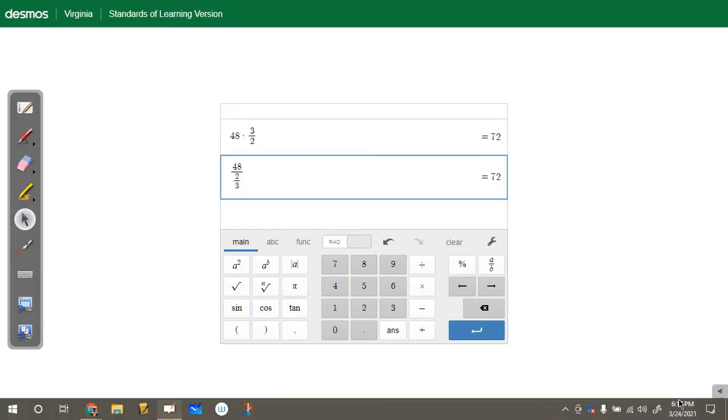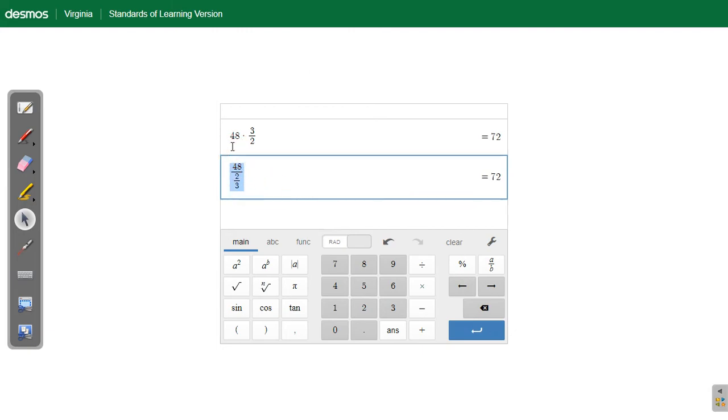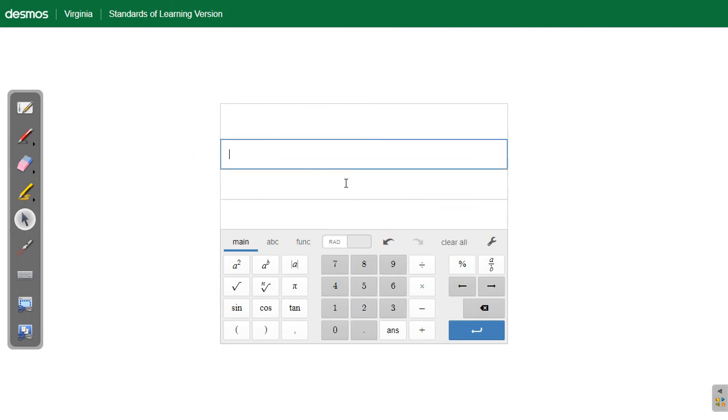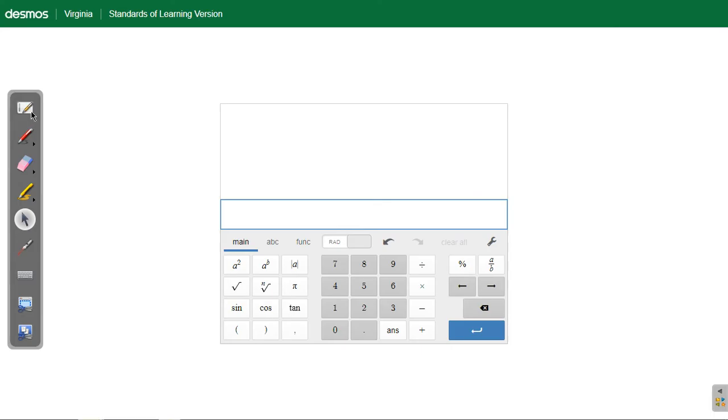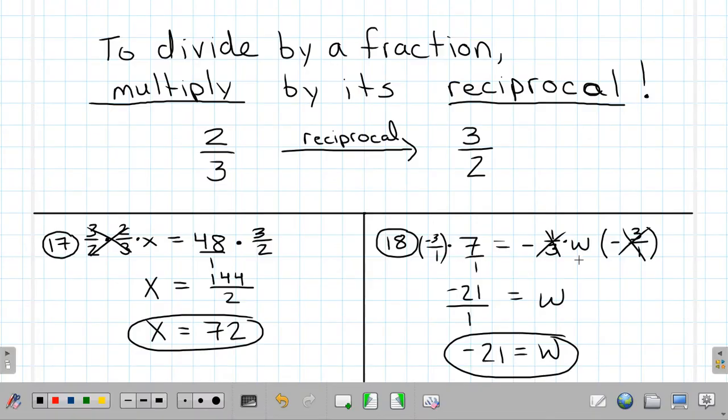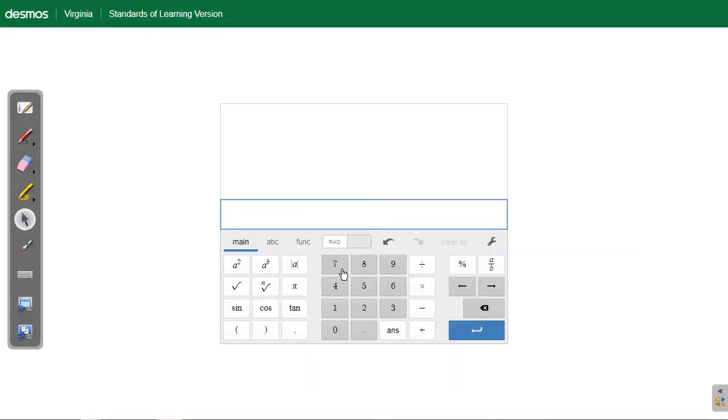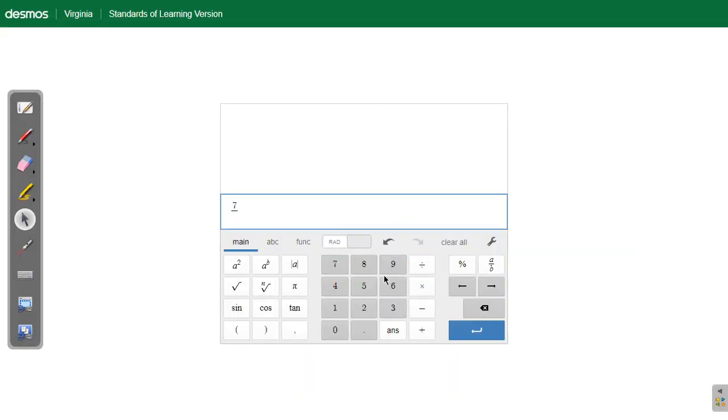But like I said, the calculator can help us here because, once again, technically what we'd want to do is divide 7 by negative 1/3. If you absolutely had to, you could take 7 and divide it by negative 1/3.